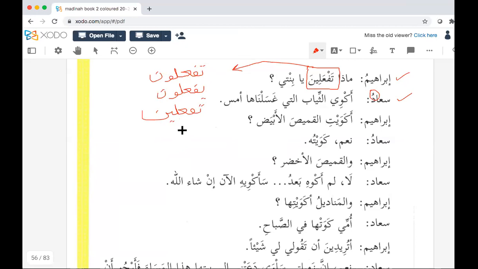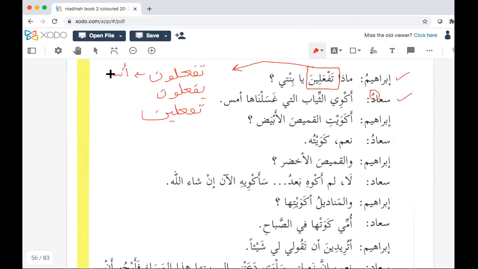Taf'alina. Su'ad. You say the dhamir represented is anti. Taf'aluna means not hum, it means antum.